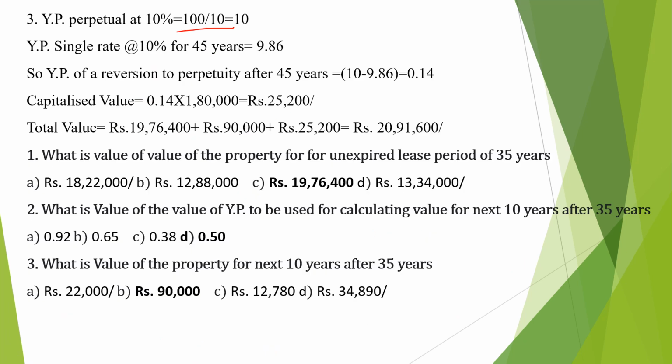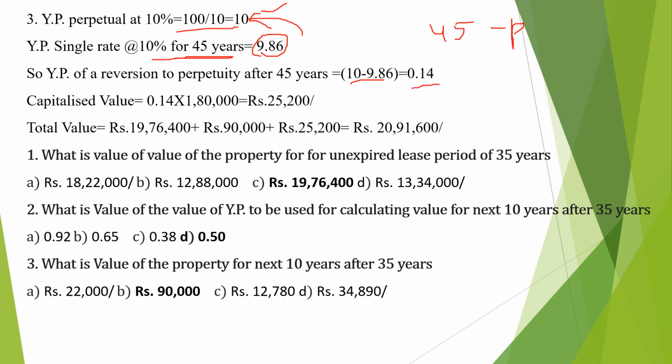And then after 45 years it is perpetual. So YP perpetual at 10% is 10, and YP single rate for 45 years we have already calculated. So now we have to calculate the value from 45 to perpetual. For that we have to deduct the YP for 45 years from the YP perpetual. So the value will be 10 minus 9.86, which is 0.14.